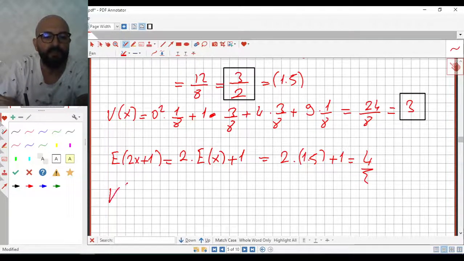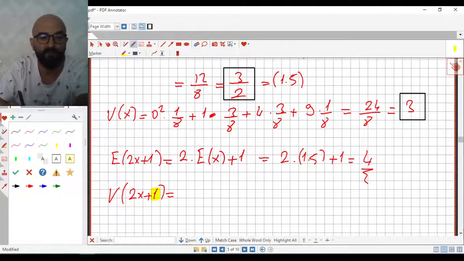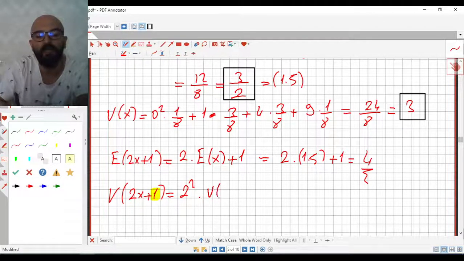And for the variance of 2x plus 1, please remember that 1 doesn't affect variance, so it means 2 square multiply the variance of x.